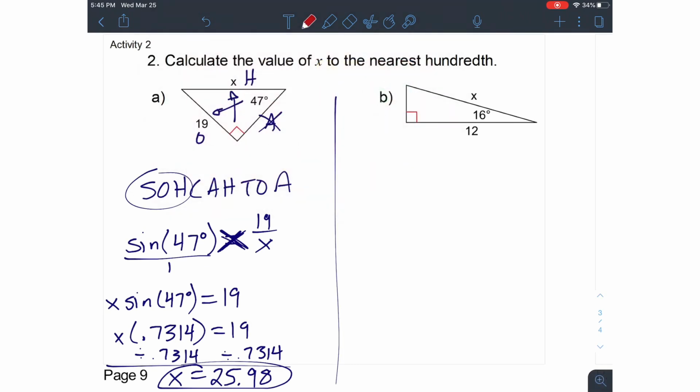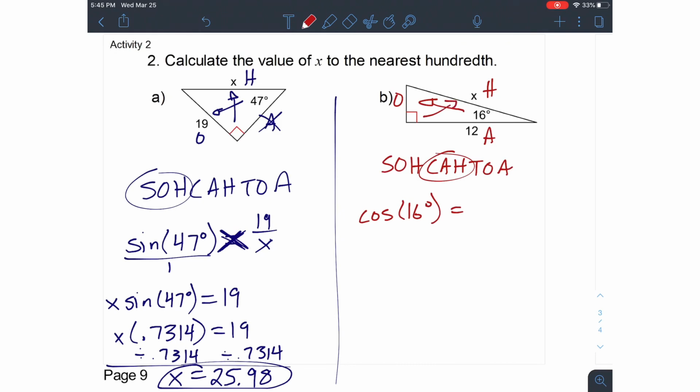For the second one, once again, label the 3 sides. So there is our opposite, x is our hypotenuse. We have the adjacent below. From SOHCAHTOA, this is telling us that we need to use cosine. So the middle one, we're going to set this up. Cosine of 16 degrees is equal to 12 over x.